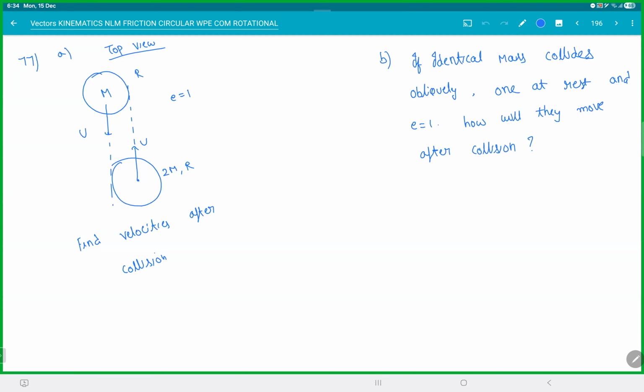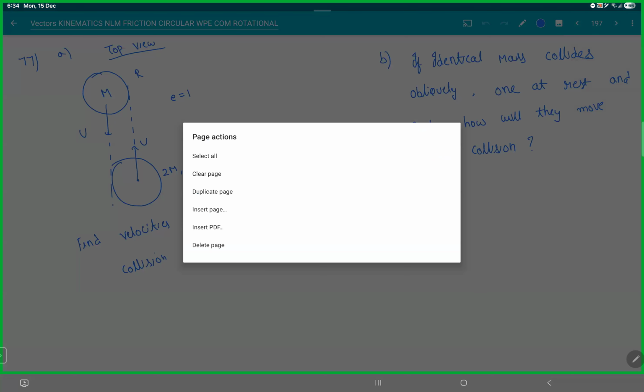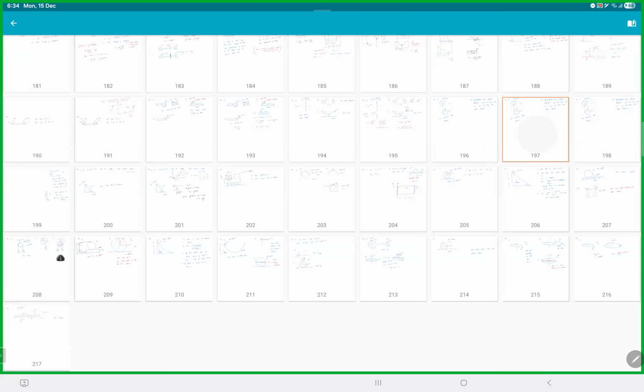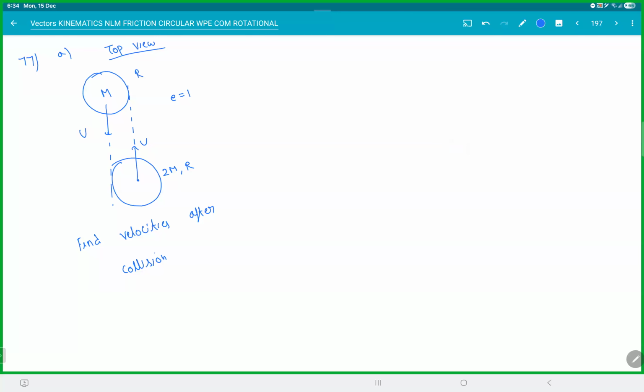So how do we handle oblique collisions? An oblique collision is nothing but a head-on collision plus the perpendicular component. So this is how you do. In this kind of problems, step one, draw the picture just before collision.